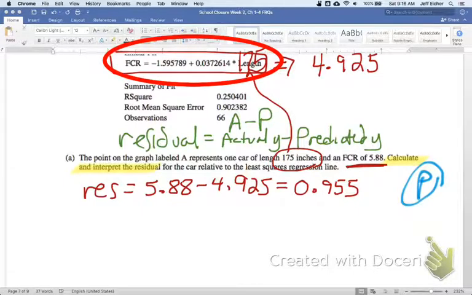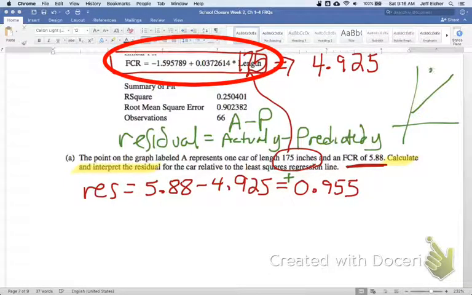You notice what they neglected to do. They have not interpreted, or we have not interpreted this yet. So to interpret a residual, note that it's positive. And a positive residual means if this is your regression line and the point is up here, then this vertical distance is a positive residual.